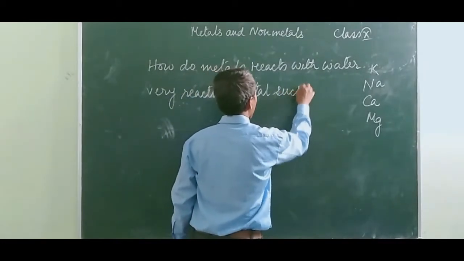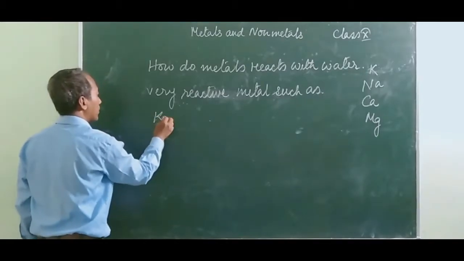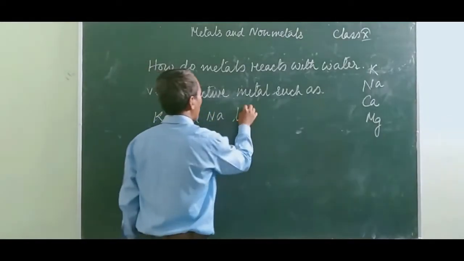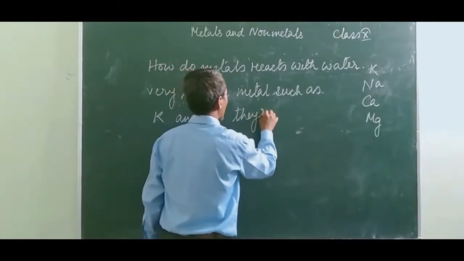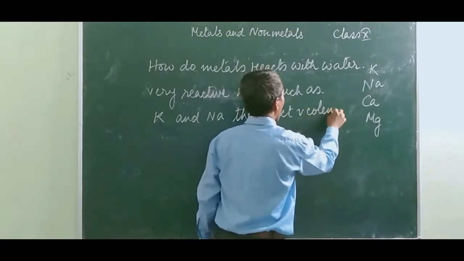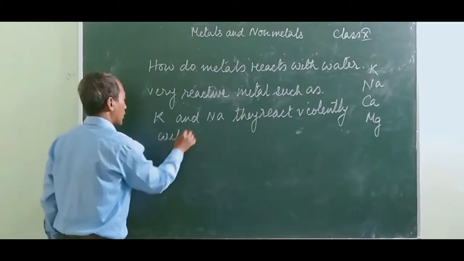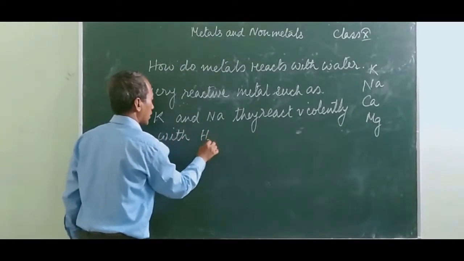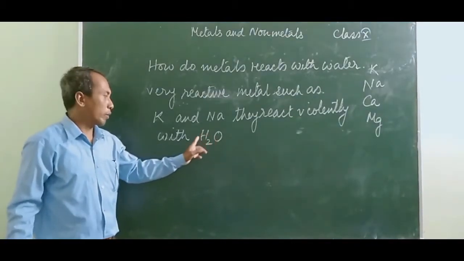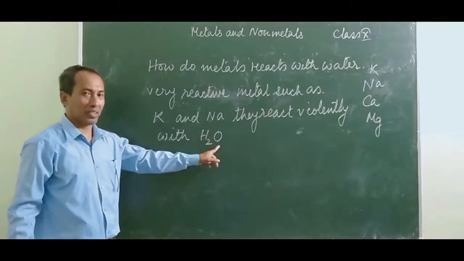such as potassium and sodium react violently with water. The molecular formula of water is H2O. So when I write H2O, please do not get confused that this is water.